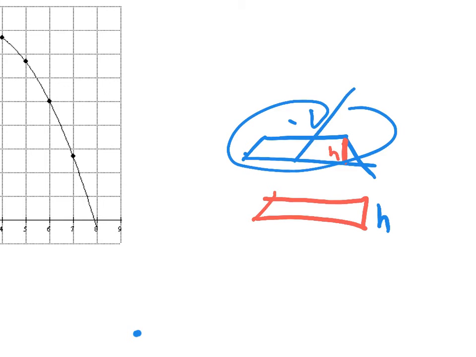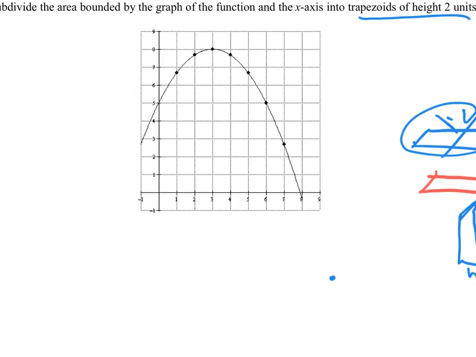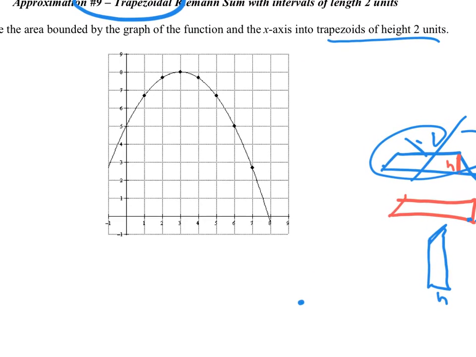We're doing this one here because we're going to stand it up. So the height is right here. The height is the same thing as the width of the rectangle. So, don't fear. He wants the height to be 2.